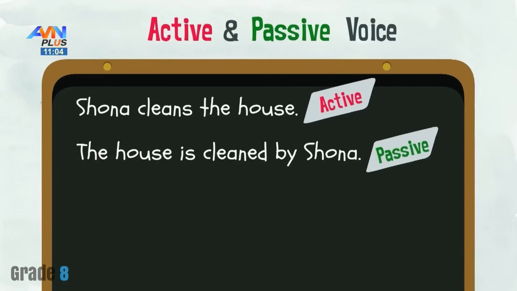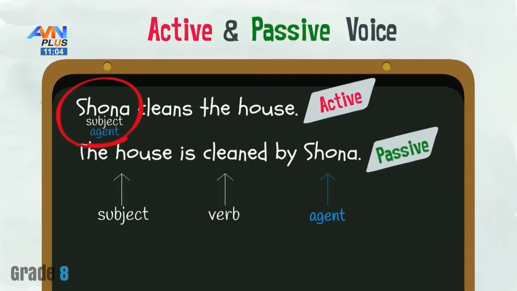We know that the subject comes before the verb. The verb in this sentence is cleaned, so the subject of this sentence is the house. Now see if you can find the agent. Remember, the agent is the person or thing that performs the action. That's right, the agent is Shona. In the first sentence, the subject and the agent were the same.